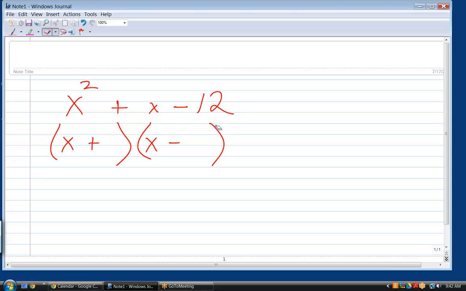So verbalize it again. Factors of 12 that do what? That subtract to the coefficient of the term. Which is what? What number is that? 1. Okay. So here's all the factors of 12, if I do it the hard way.